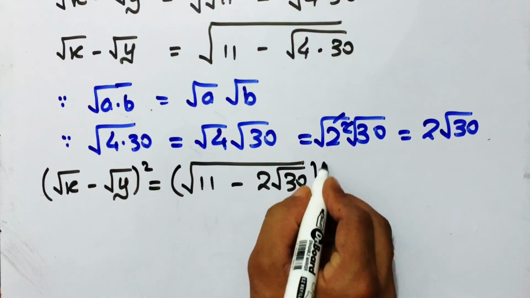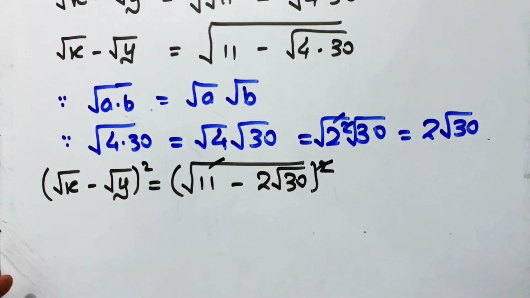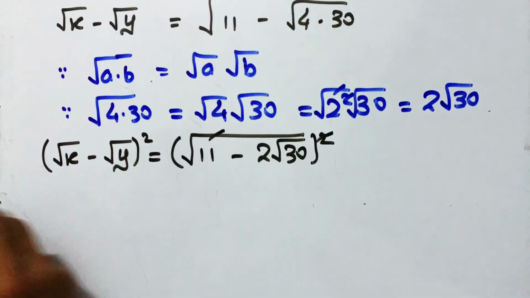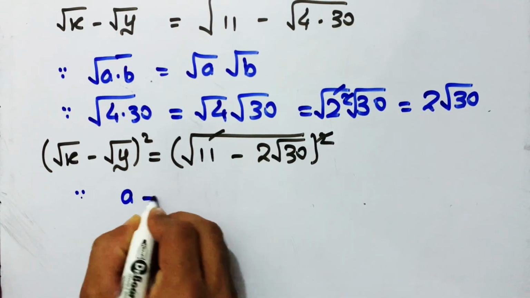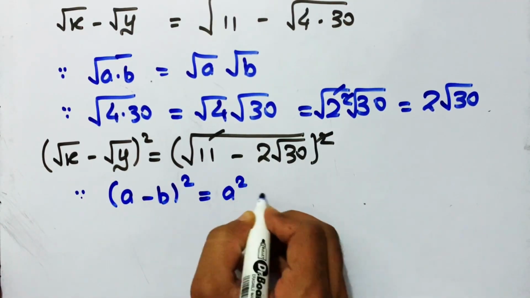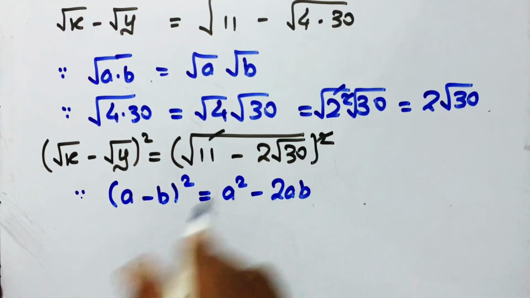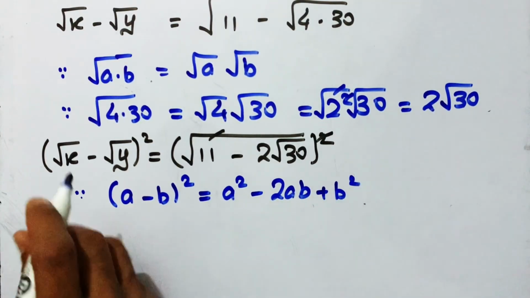Now I'm squaring both sides to eliminate this square root. Square and square root cancel out, and this term is a minus b whole squared, which is equal to a squared minus 2ab plus b squared.